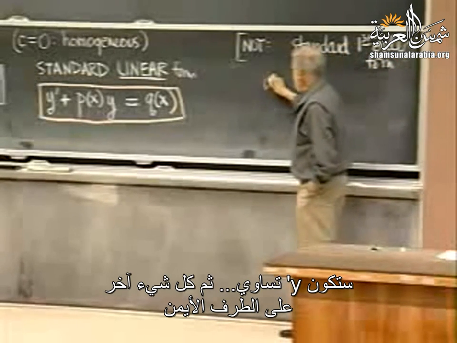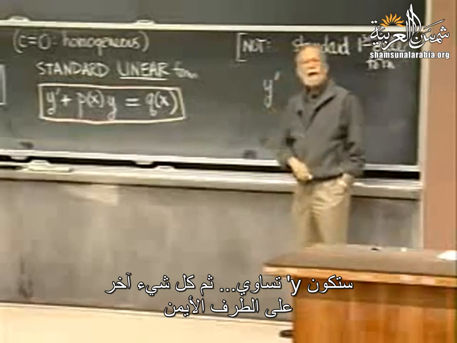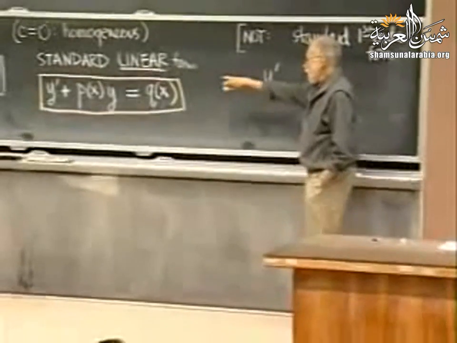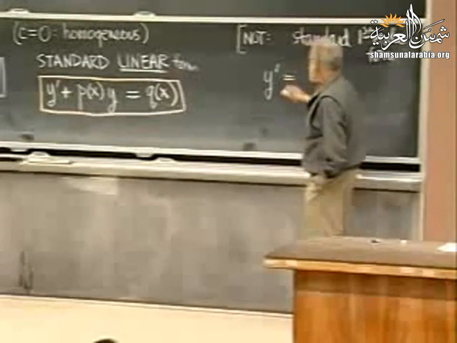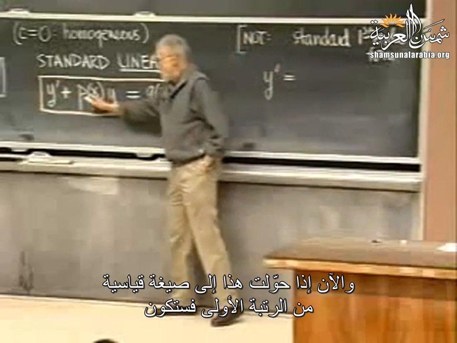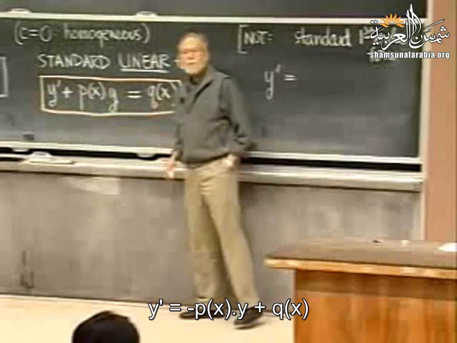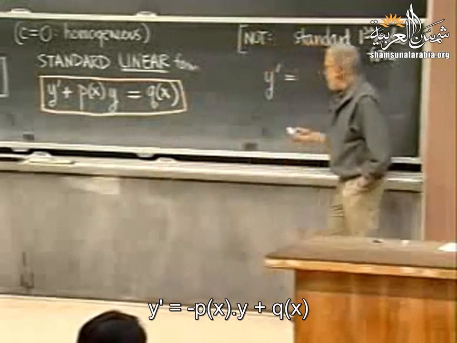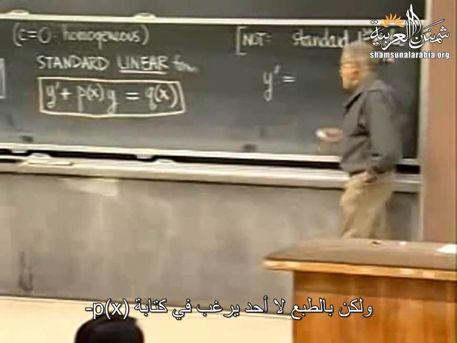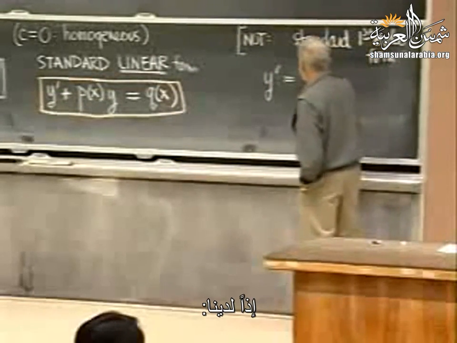Well, it would be y prime equals and everything else on the right-hand side. So it would be y prime equals negative p of x times y plus q of x, but of course nobody would write negative p of x.